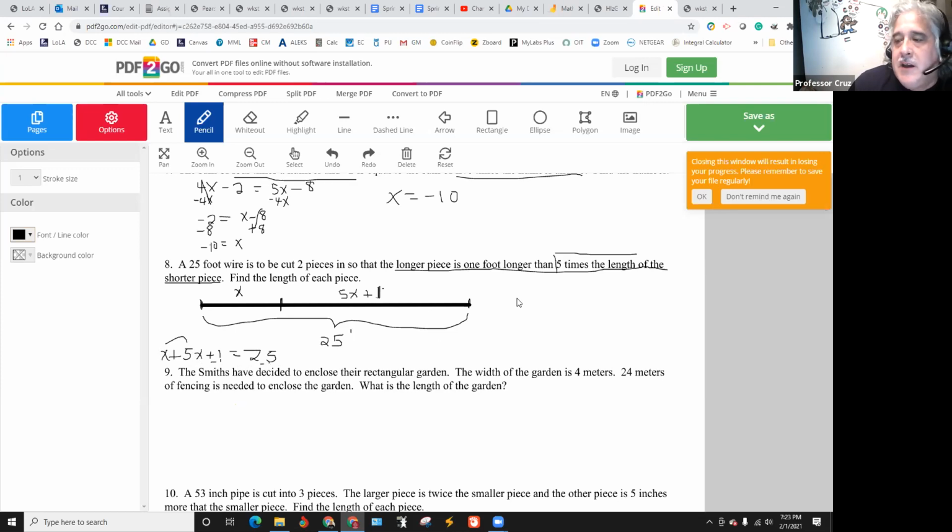So that's 6x is equal to 24. X is equal to 4. So this is 4. And then this one is 5 times 4, so that's 20 plus 1. So this is 21. And then you can see that this works. 21 plus 4 is 25.